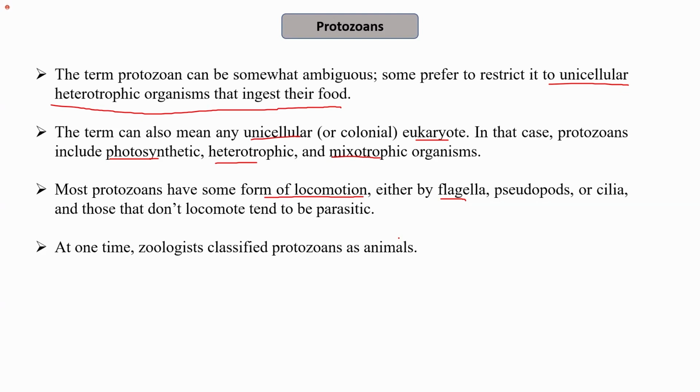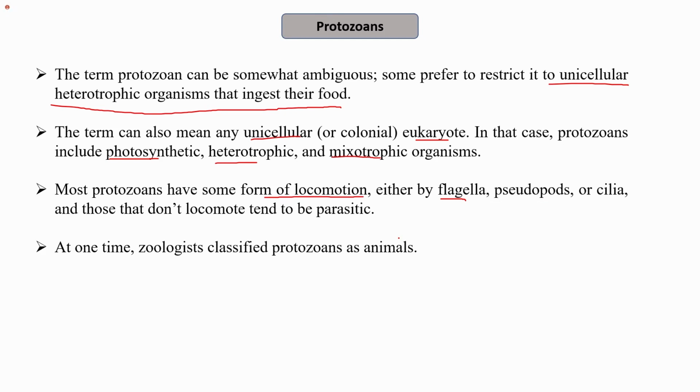Even from the definitions of the different divisions that are kept in the kingdom Protista, we can see that the kingdom Protista is very heterogeneous, and people have earlier tried many times to place these organisms into either the kingdom Plantae or kingdom Animalia.